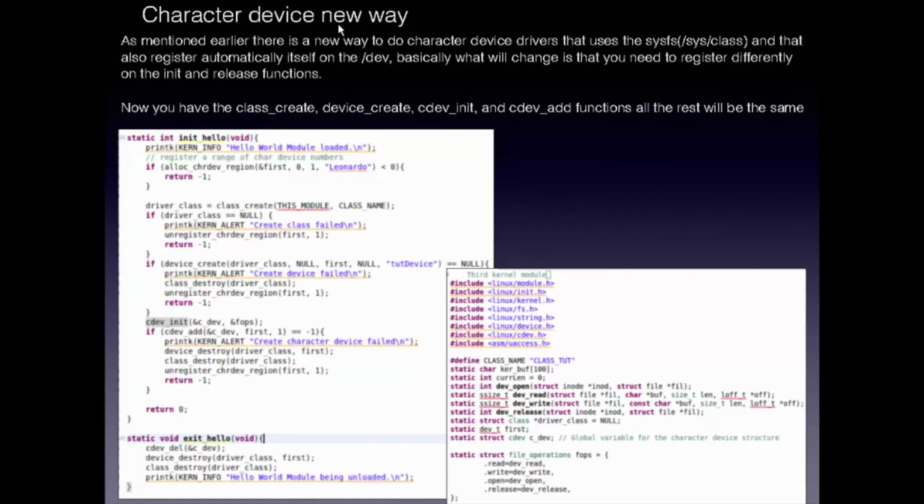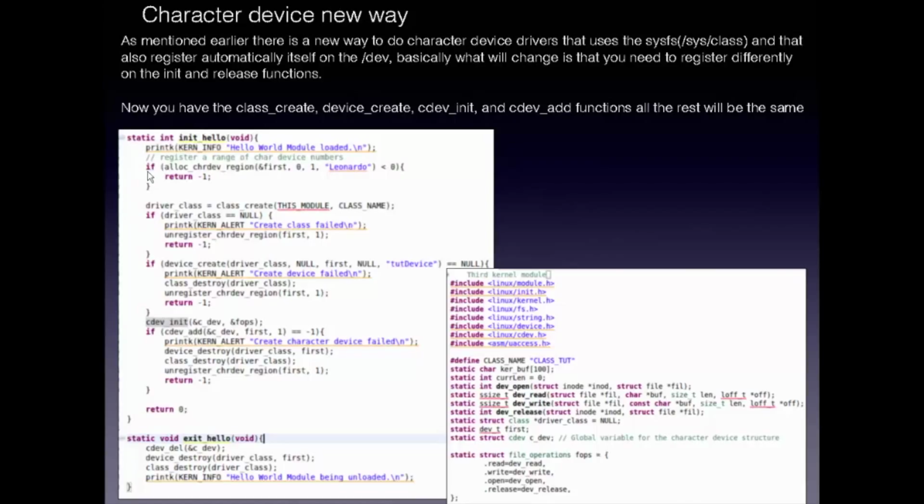Now the new way. What changes basically is that your device driver will actually ask for a major number from the kernel system and register itself in the /dev where all the nodes are located. So basically what you change is the init.